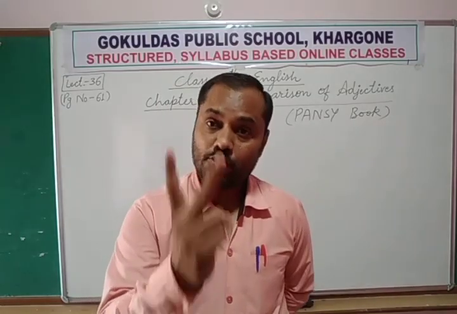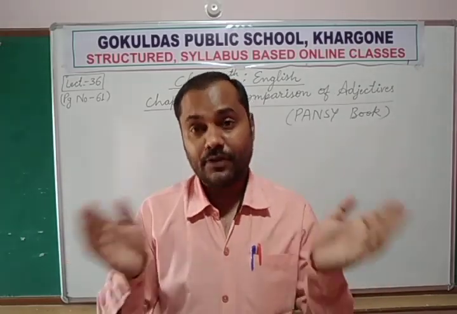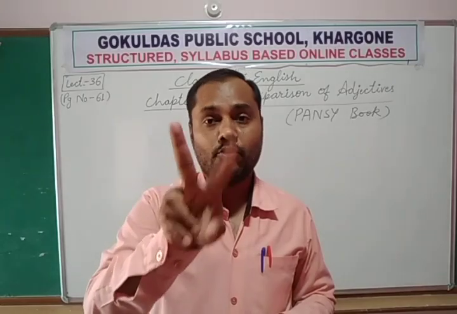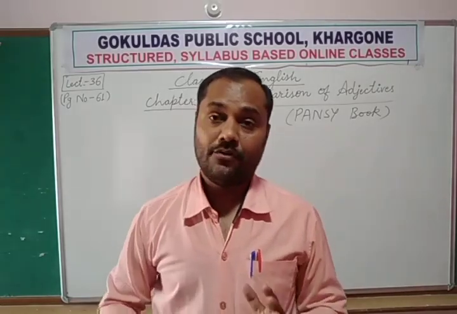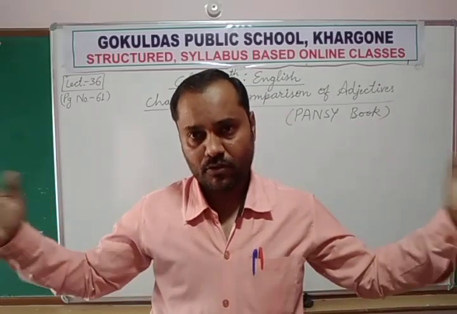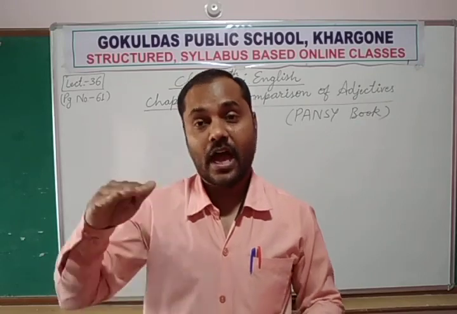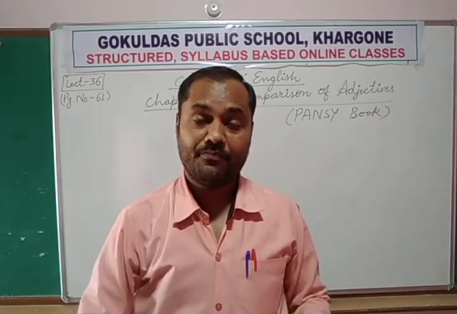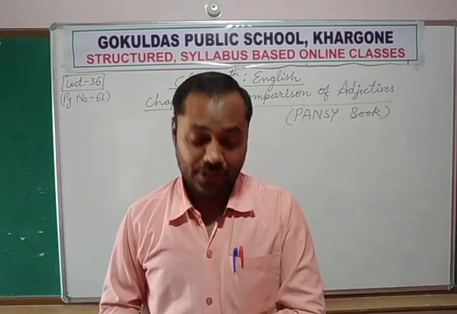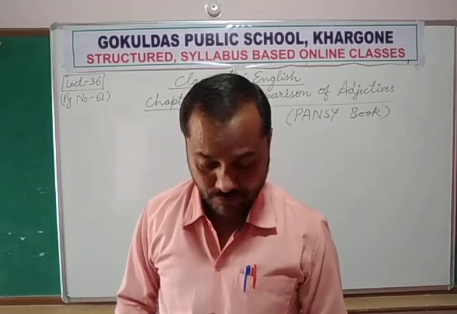When we are comparing two, then we will use the comparative degree. The second degree is comparative degree. It is used to compare two persons or two things. But if we have a group of more than 2, 3, 4, 500 people or 100 things, and we are comparing who is having the highest degree of any quality, that time we will use the third type of degree, that is the superlative degree of comparison.